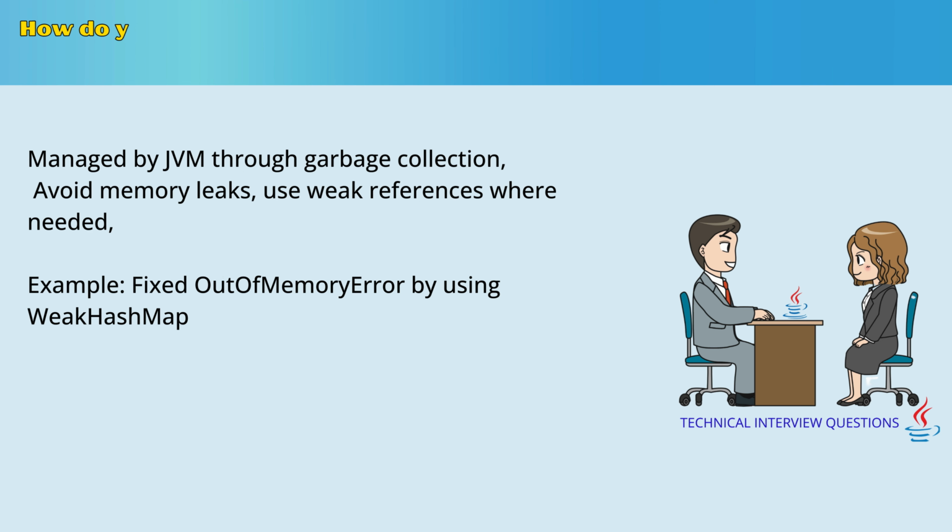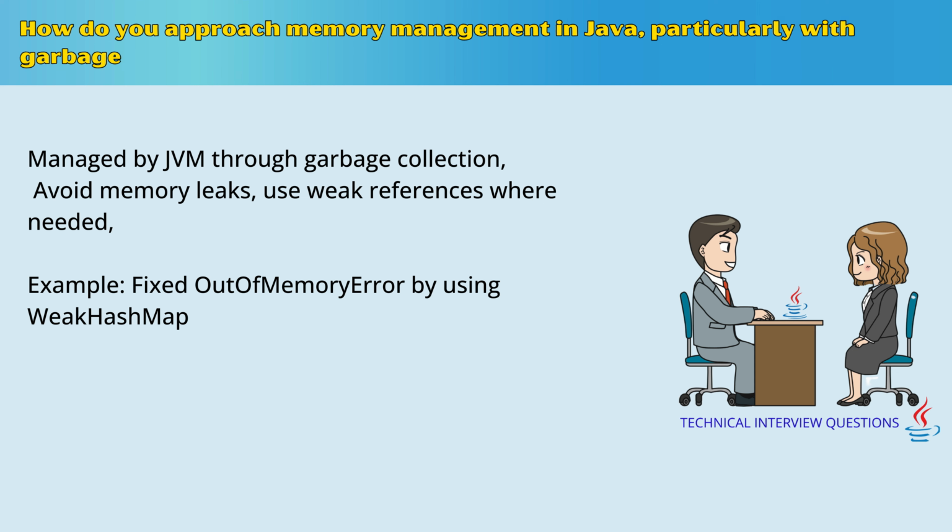It's a great explanation. How do you approach memory management in Java, particularly with garbage collection? Memory management in Java is largely handled by the JVM through garbage collection, which automatically frees up memory that is no longer in use. This is one of the advantages of Java, as it reduces the risk of memory leaks and other issues associated with manual memory management.